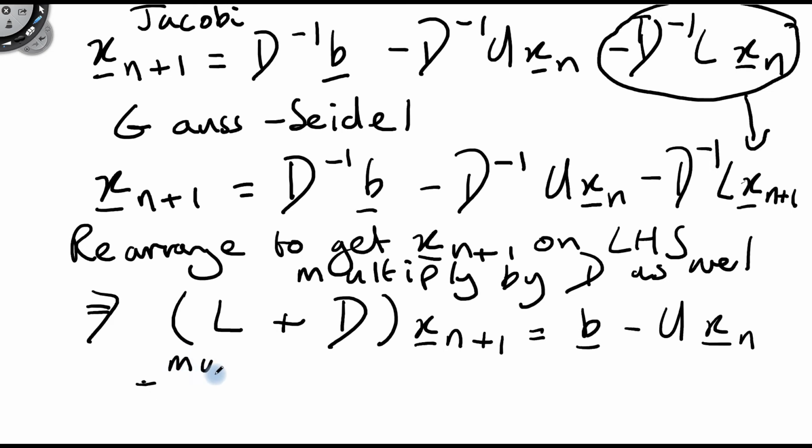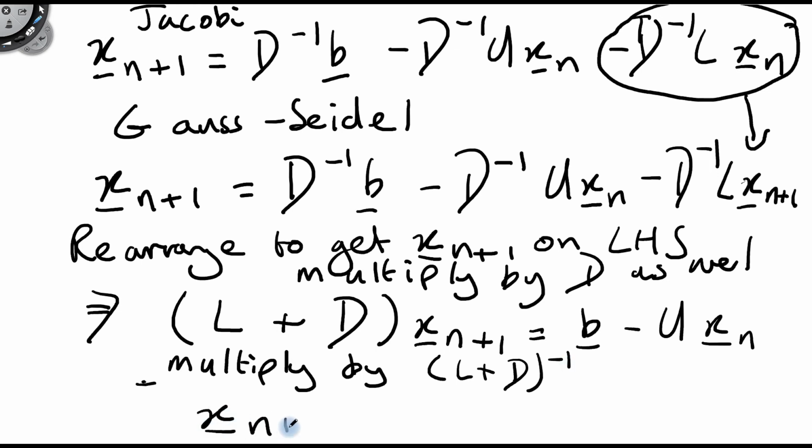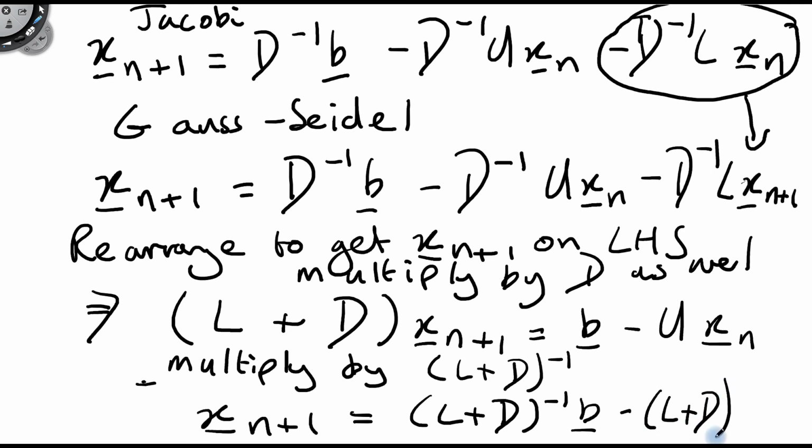That means that you get xn plus 1 on its own on the left hand side: L plus d inverse times b minus L plus d inverse u times xn.